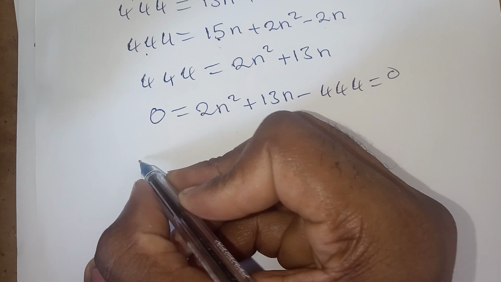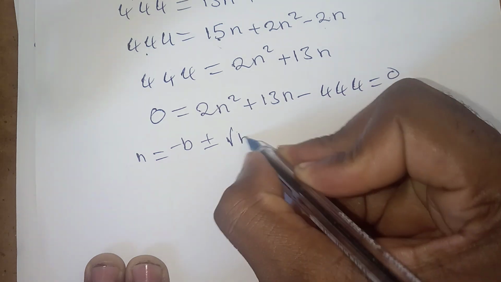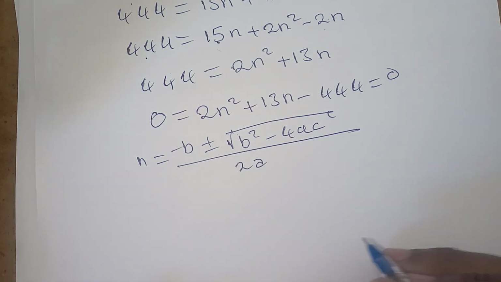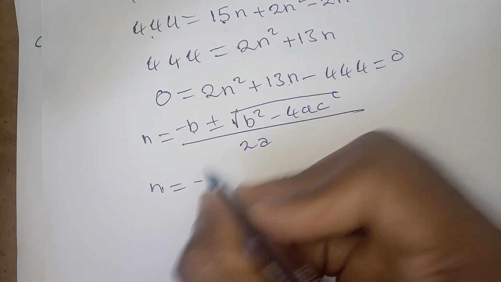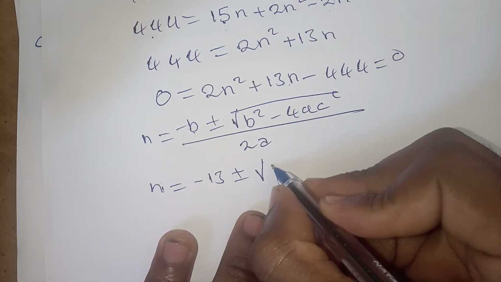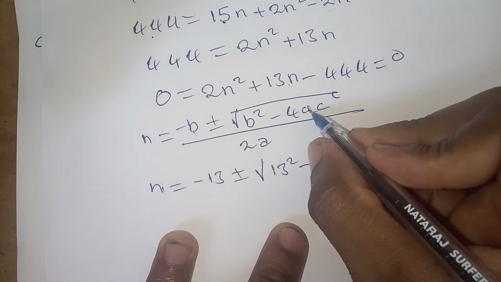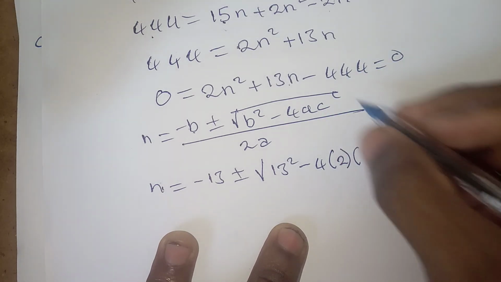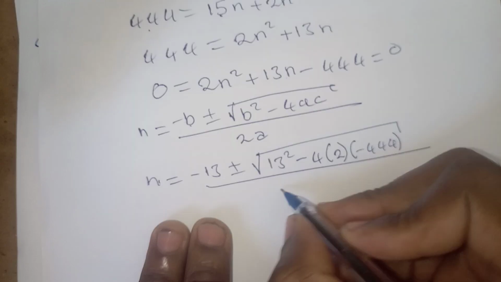So using the formula, n is equal to negative b plus or minus the square root of b squared minus 4ac, everything over 2a. So our n will be, our b is 13, so this will be negative 13 plus or minus the square root of 13 squared minus 4. Our a is 2. Our c is negative 444, which is quite a number.